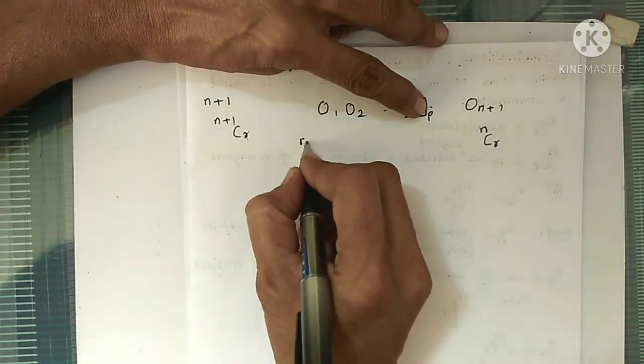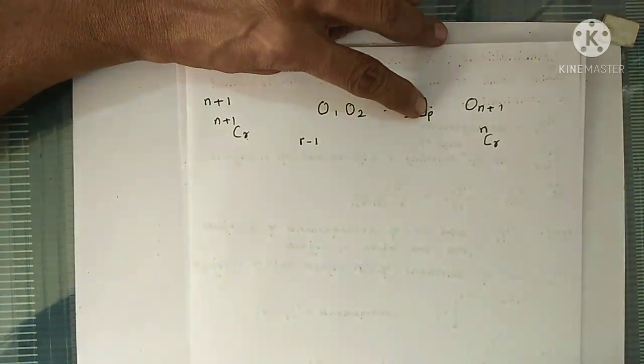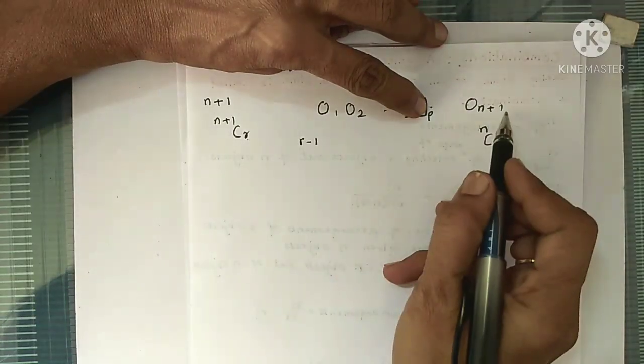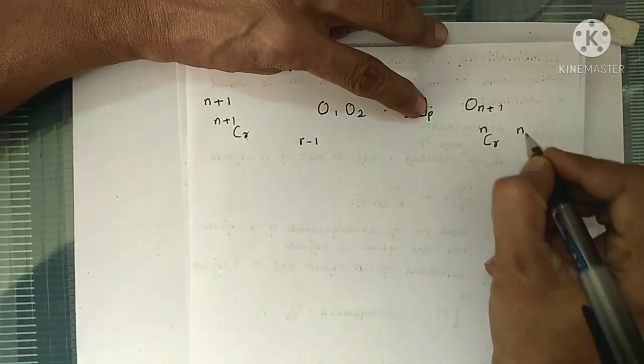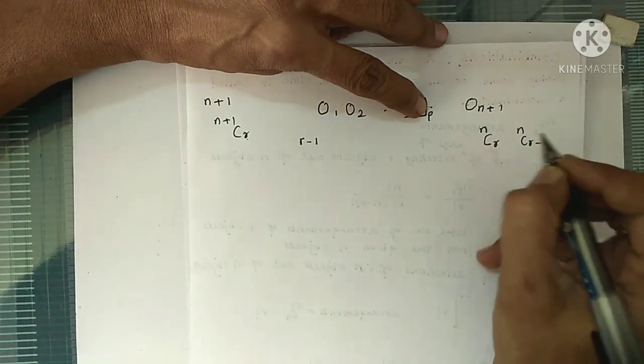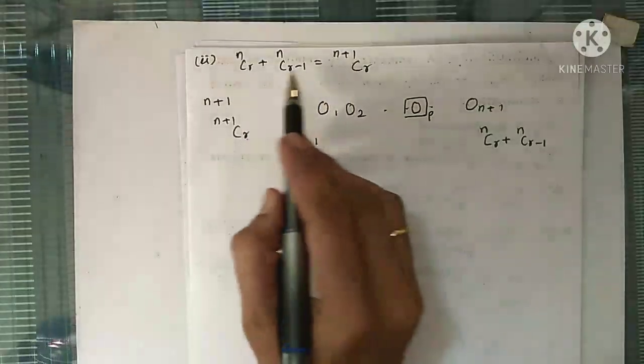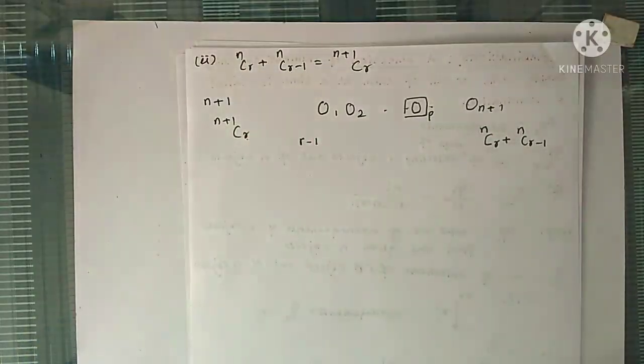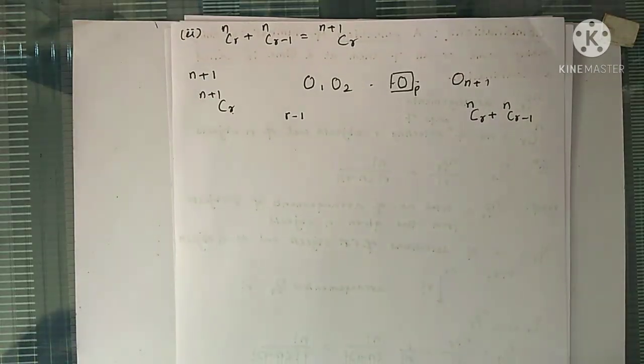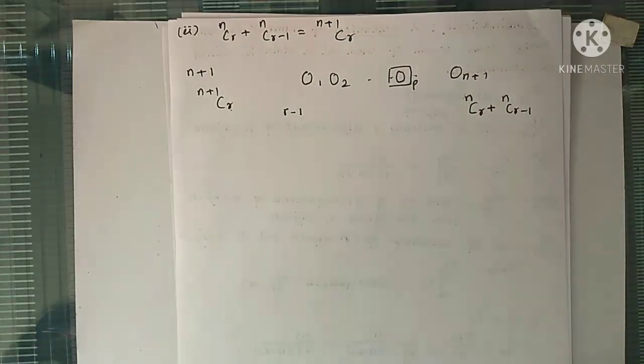That means now we have to select only r minus 1 out of the remaining n, and that can be done in nC(r minus 1) ways. So the total is nCr plus nC(r minus 1). So that's why it is (n plus 1)Cr. So this is a theoretical proof just using the definition. If you understand it, well and good. Otherwise, let's use the formula or the property as it is.